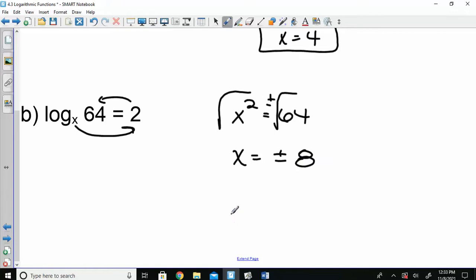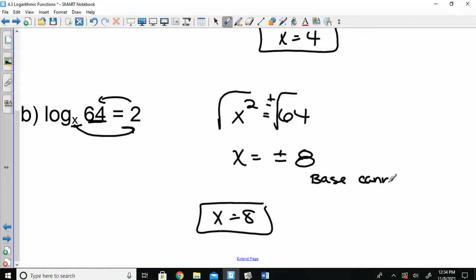So we get x to be positive or negative 8. Now we have to check those. The argument and the base both have to be positive numbers. So positive 8 is good, but negative 8 won't work. So my only answer is positive 8, because that base cannot be negative.